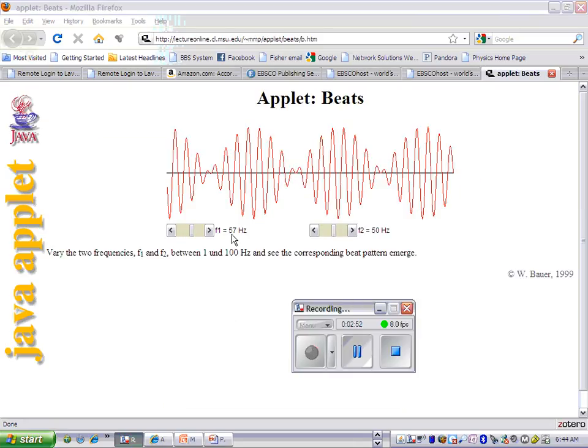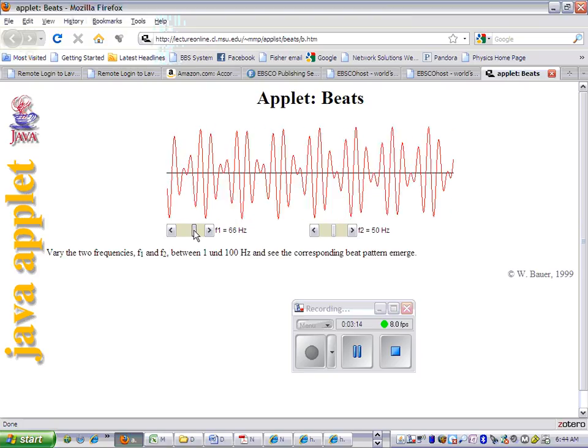So here we have a frequency of 57 hertz, and then the other frequency is 50 hertz. And here's the picture of what those beats would look like. Now what you do is you subtract the two numbers, 57 minus 50, and you get 7 hertz. You'll hear 7 beats per second. You'll hear 7 wavers per second. And that wavering sound is simply the beat frequency.